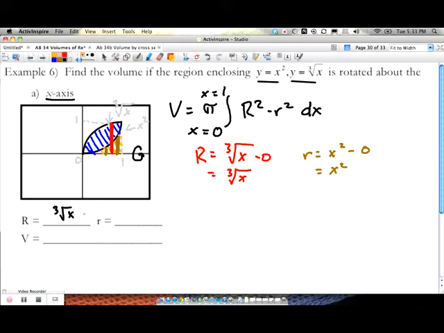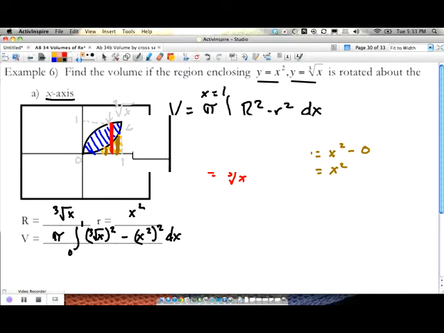So our big R is cubed root of x. Our little r is x squared. And the volume is going to equal pi times the integral from 0 to 1 of cubed root of x quantity squared minus the little r, which is x squared, and dx.